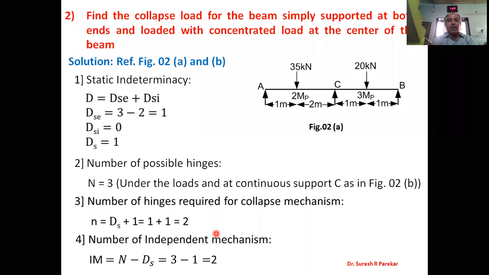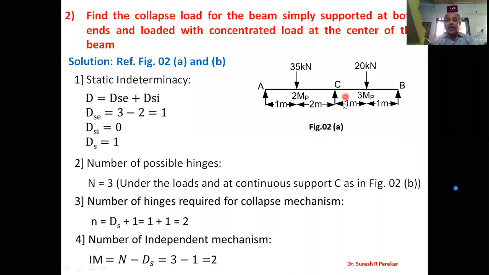Now in the second problem, we have taken the same type of problem, but the change is we have taken an eccentric load in AC, and again at center in CB, but we have taken 2 MP for AC and 3 MP for CB. Now when I take C, we have 2 MP on left and 3 MP on right.